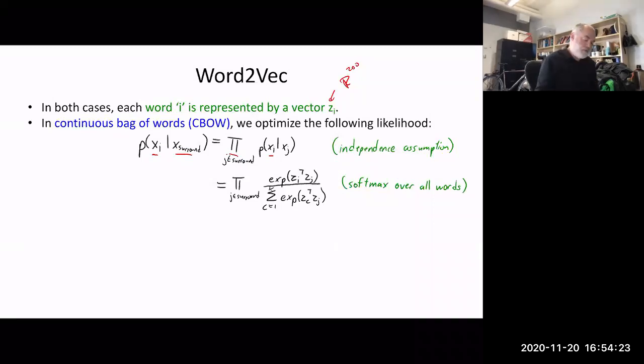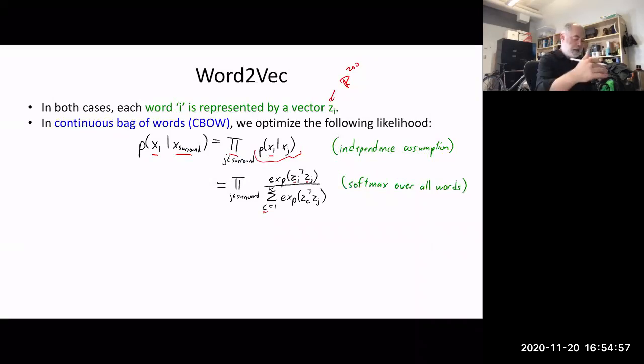And in particular, we're going to make an assumption about the distributional form of this conditional distribution, which is that it is a softmax distribution over all words, where the conditional probability of xi given xj is given by the inner product between the latent feature vectors or the embedding vectors for word i and j, summed over all words in the vocabulary to normalize that into a conditional probability.